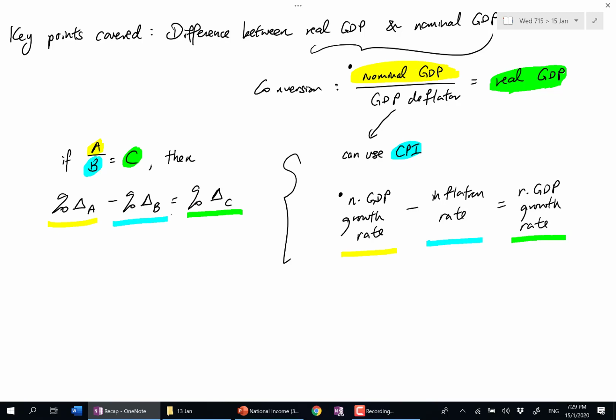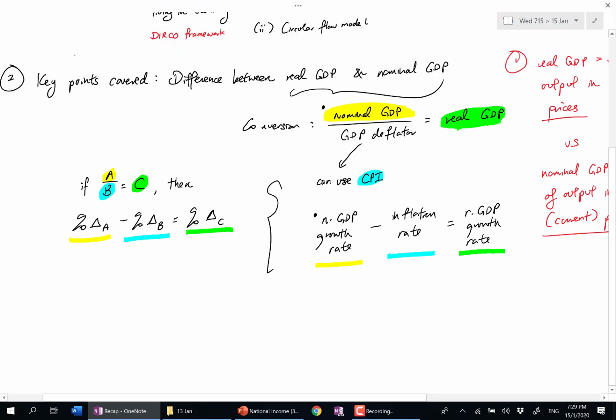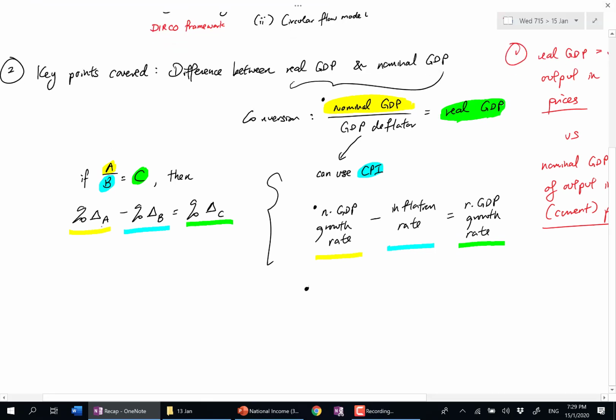Okay. So I said there are 3 ways to convert nominal to real. I've shown you the first one, which is in absolute levels. I showed you the second one, which is in terms of growth rate. Now the third one, the final one. How do you convert nominal to real?